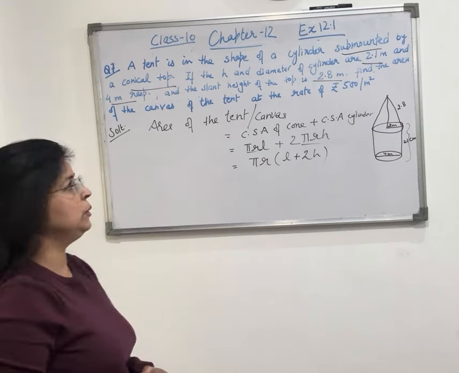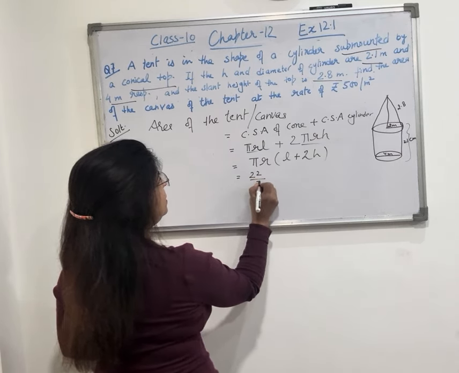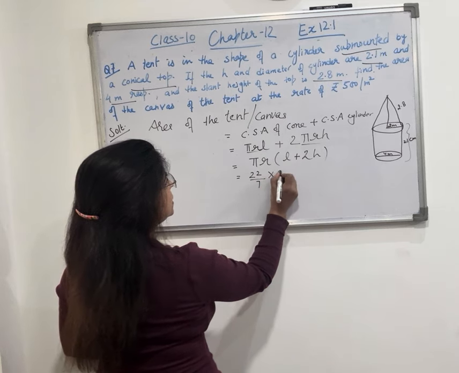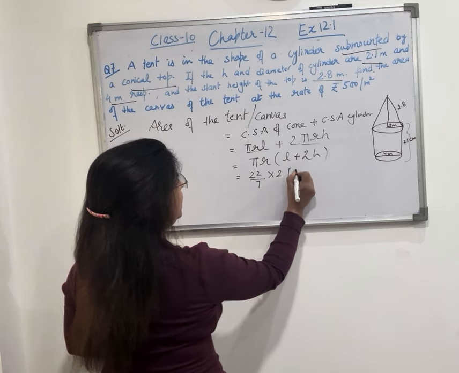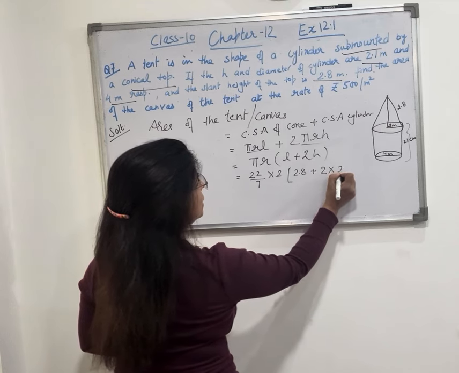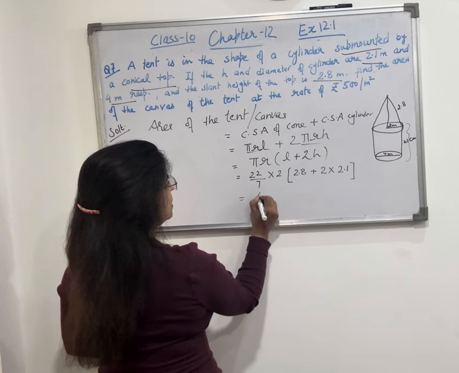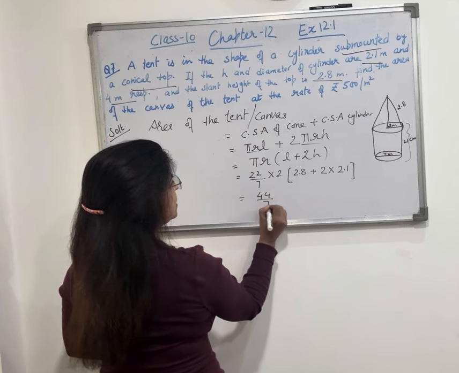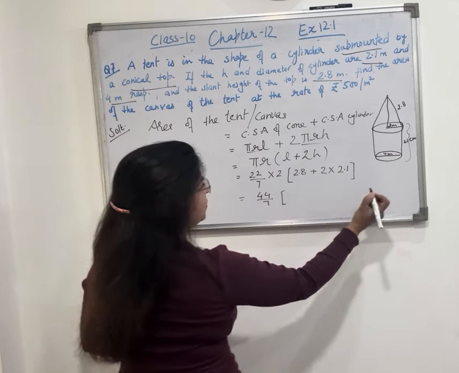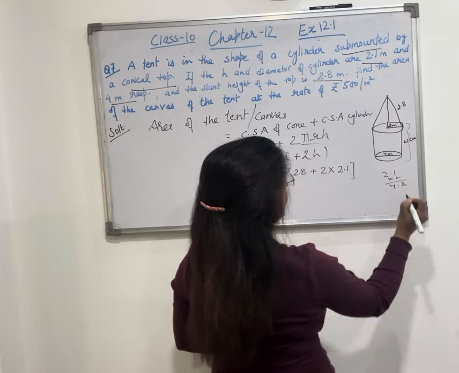Let's put its value. Pi is 22 by 7. Radius is 2. Slant height is 2.8 plus 2 times height 2.1. So let's solve this. This is 44 upon 7. 2.1 into 2 is 4.2.